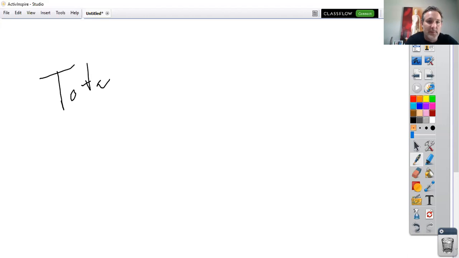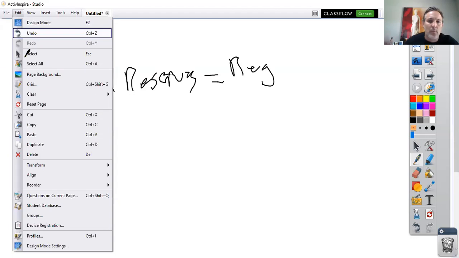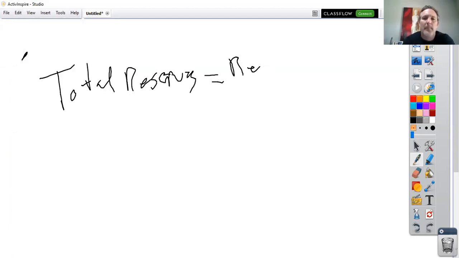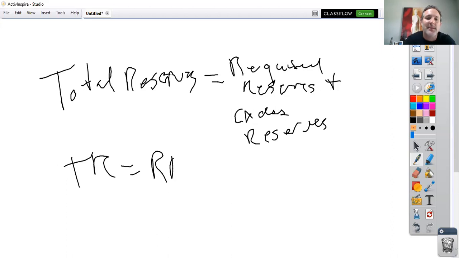Total reserves equals required reserves plus excess reserves.